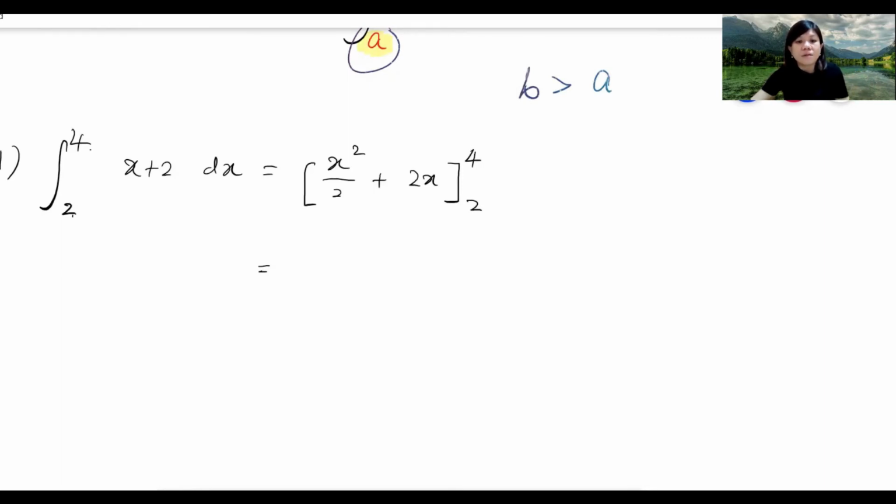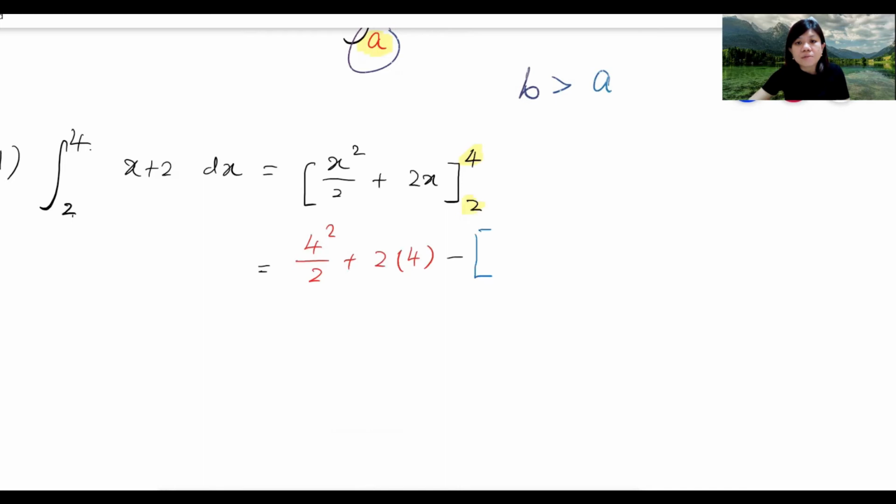We're going to substitute 4 first into the x. So you're going to have 4 squared over 2 plus 2 times 4. And then we're going to minus, and then substitute the 2 as the second part.